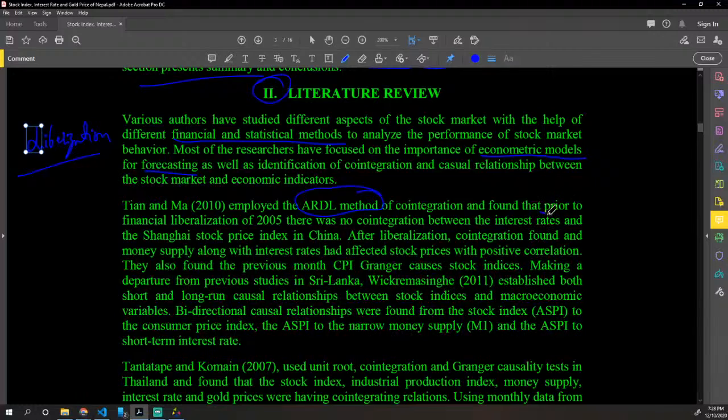Okay, so prior to liberalization there was no co-integration between interest rate and the Shanghai Stock Exchange index in China. After liberalization, the co-integration was found, and money supply along with interest rates had affected stock prices.